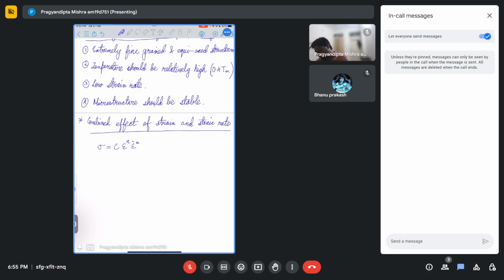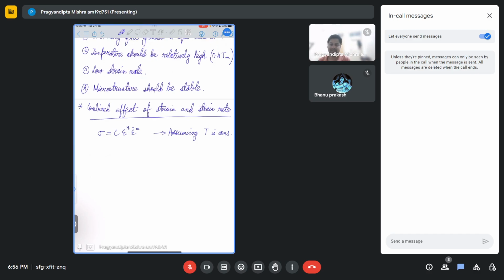This is the relation for flow stress in terms of epsilon and epsilon dot. Of course, a necessary condition is that you have to assume temperature is constant, because if temperature changes, then your strain rate sensitivity and other parameters will change, and that will influence your behavior.